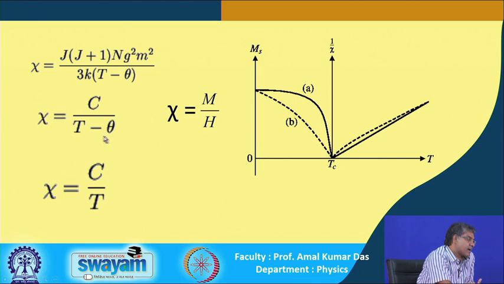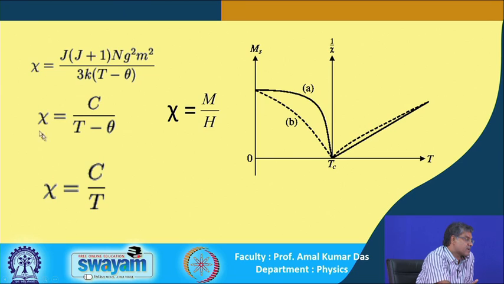This equation is valid only above theta, T minus theta. So, this theta is basically some transition temperature; you can call it T c, T minus T c.